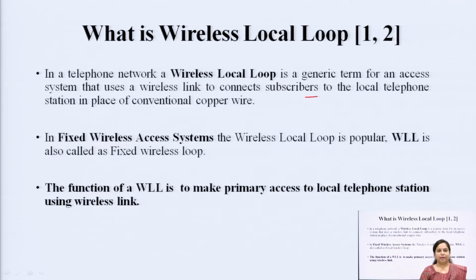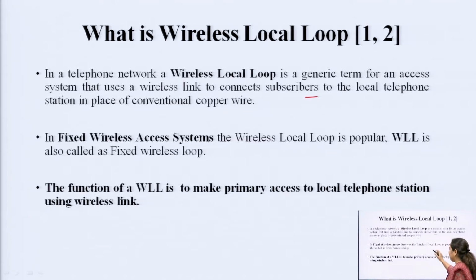The second type of wire that has been used is the copper wire, and after that, depending on the application and since we want to communicate over a longer distance, optical fiber cables are used. So, that is the case where these wires come into the picture. When this communication is done using wireless technology, that is known as wireless local loop.